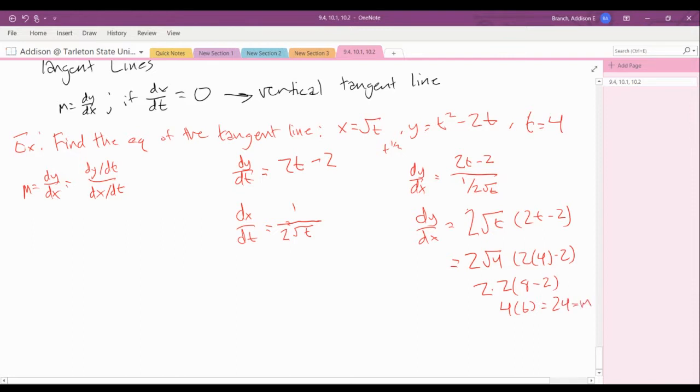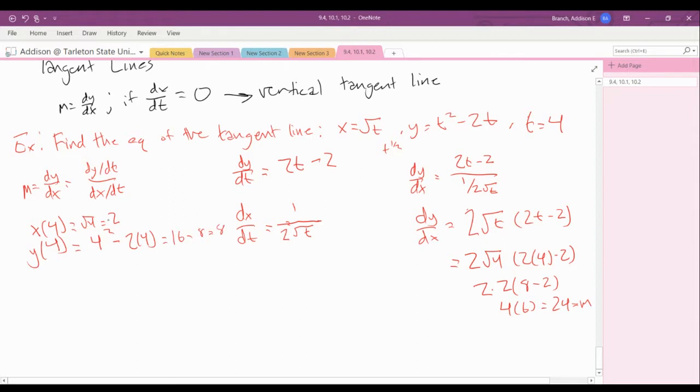Now we just need to find a point. We can use t to find our xy point that we can use to find our tangent line. x of 4 is going to be square root of 4, which is 2. y of 4 is going to be 4 squared minus 2 times 4, so 16 minus 8, so 8.